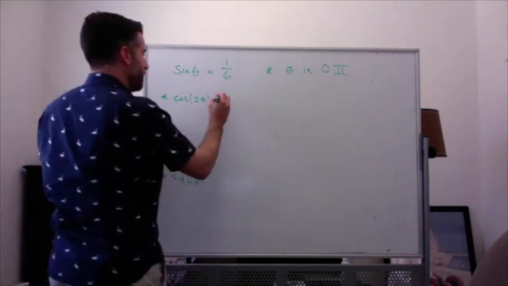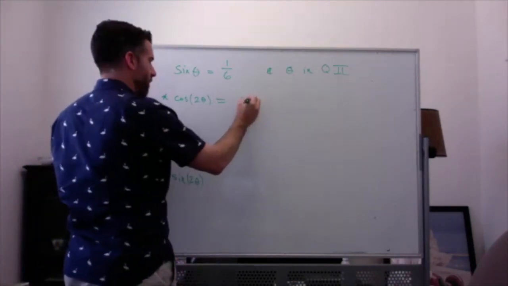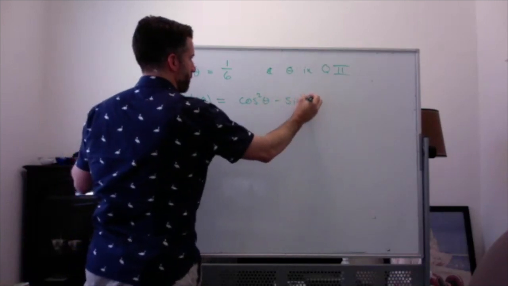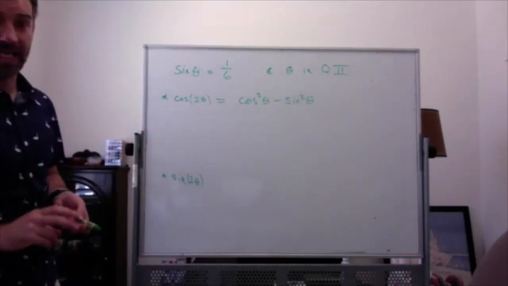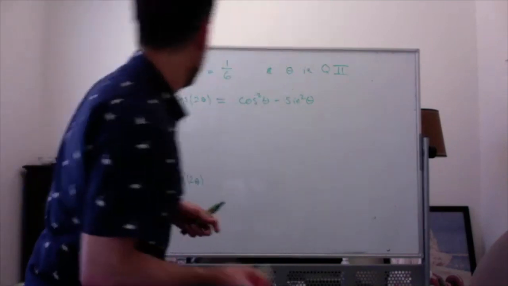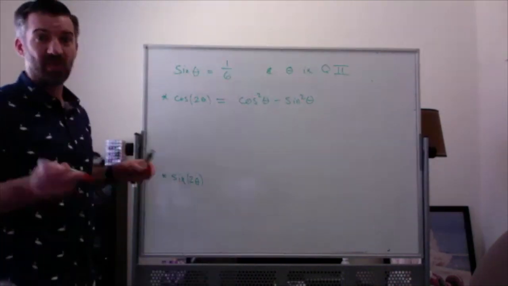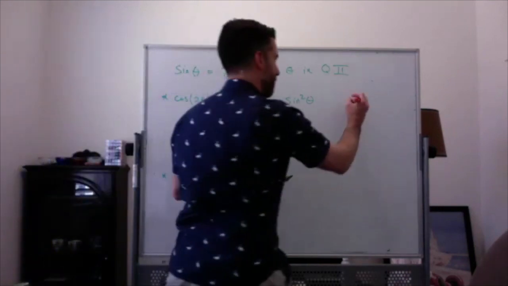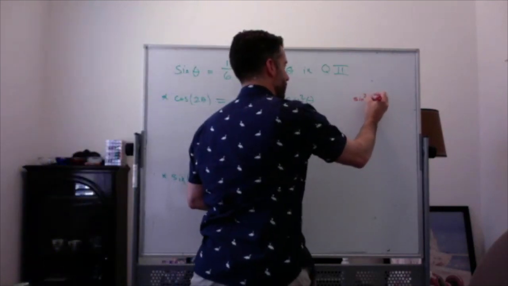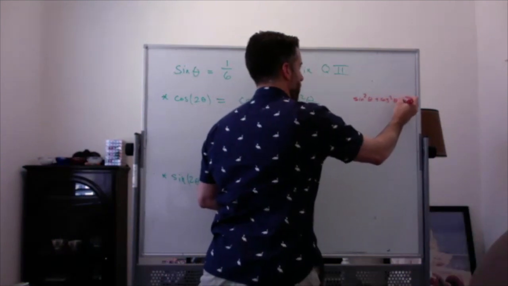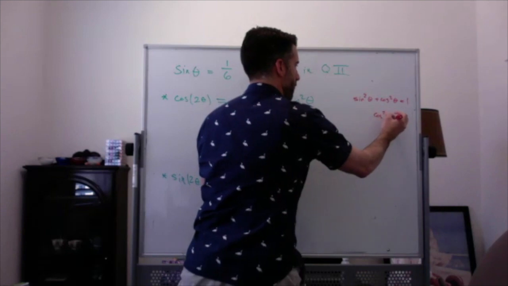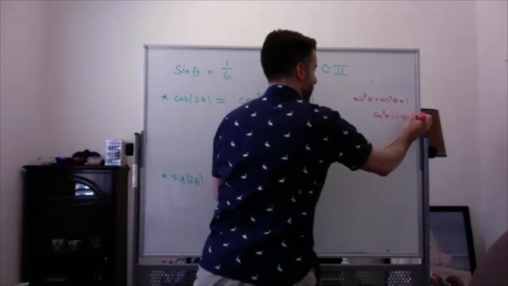If I'm finding cosine of 2 theta, I'm going to write out the formula as cosine squared theta minus sine squared theta. But then I'm going to remember a trig identity. I know that cosine squared theta is equal to 1 minus sine squared theta, or really, I'm remembering that sine squared theta plus cosine squared theta equals 1. So cosine squared theta is 1 minus sine squared theta.